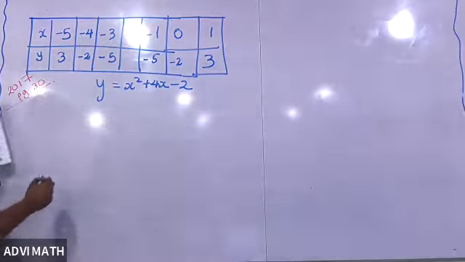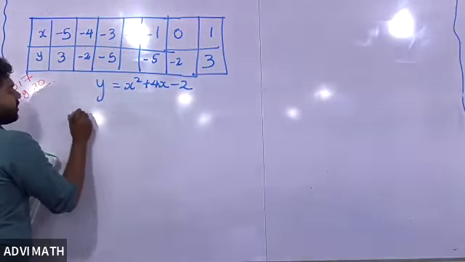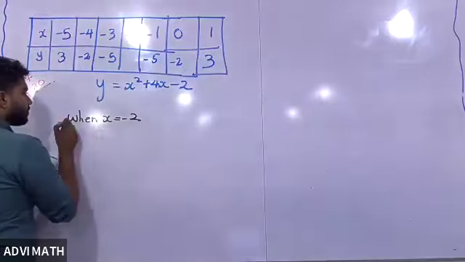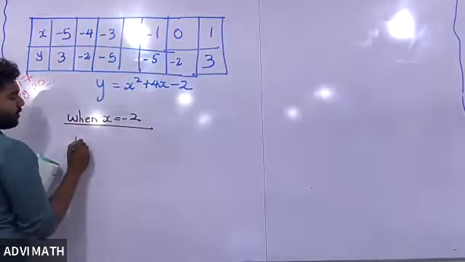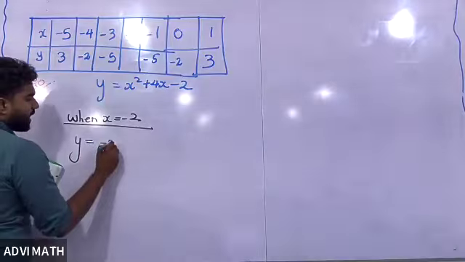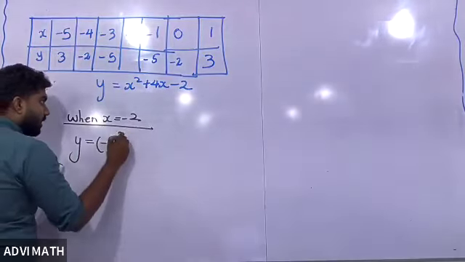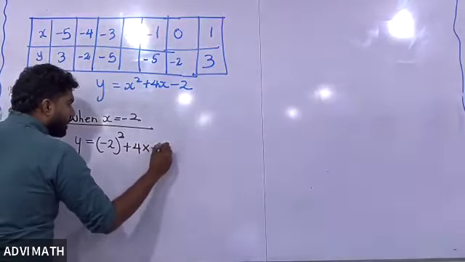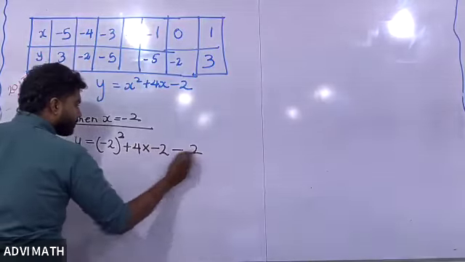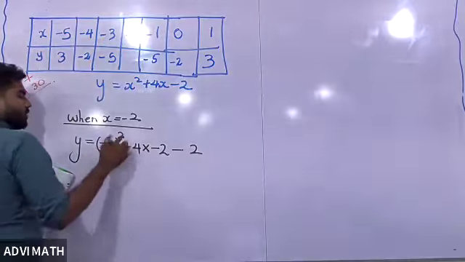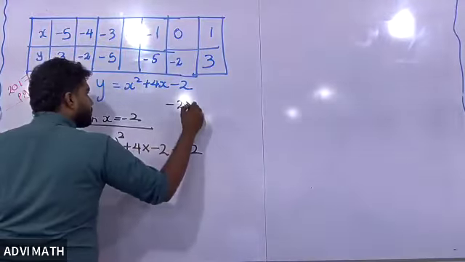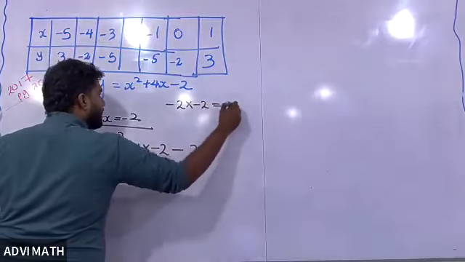Hurry. Now I need to find out the value when x is equal to -2. Substitute: y equals (-2) whole thing squared plus 4 into -2 minus 2. (-2) whole thing squared, what is the answer? What is the meaning of this? -2 into -2. 2 into 2 is what? 4.